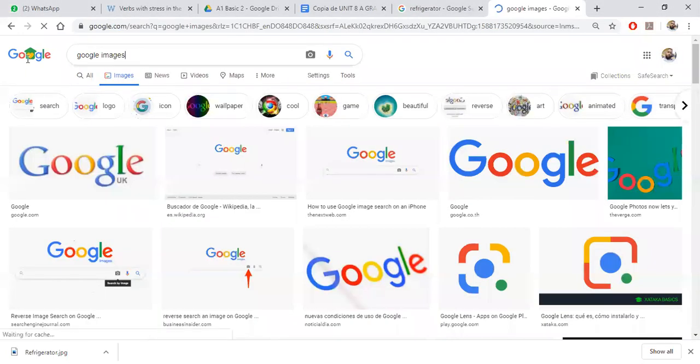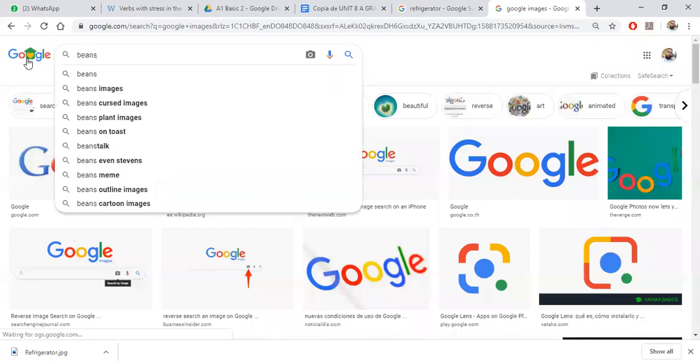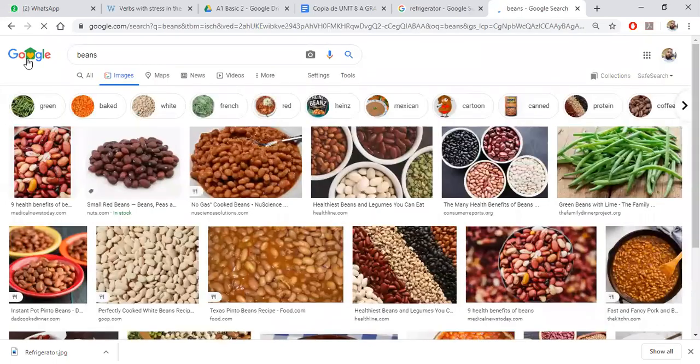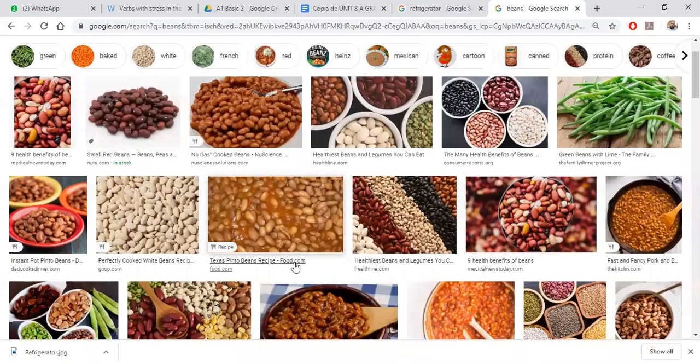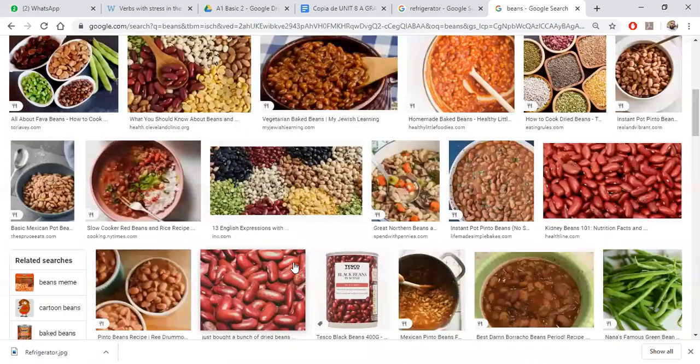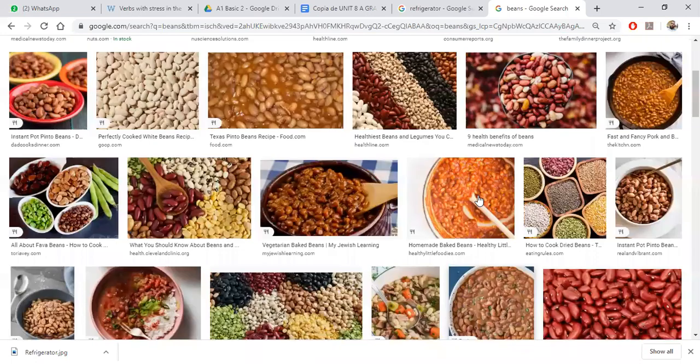Okay, these are beans. You can see them.